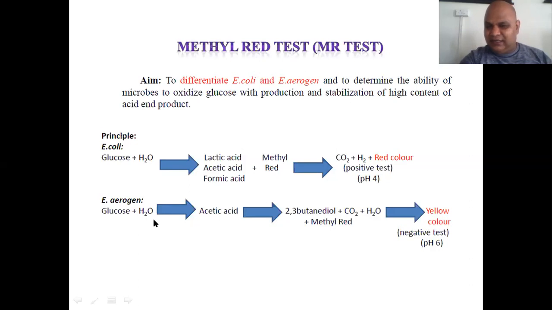Glucose and water will be there. It changes into acetic acid. Then it converts into 2,3-butanediol plus carbon dioxide plus water, and to this particular mixture we add methyl red. This methyl red gives a color to the solution, that is yellow color.